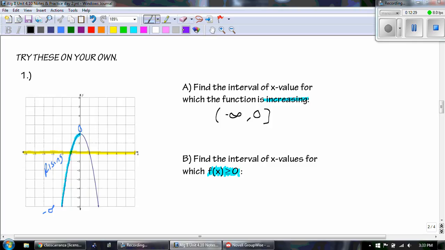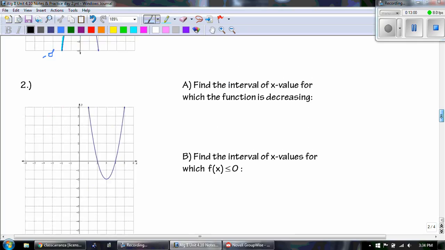Now the next part wants to know, when are we above 0? When are we above that x-axis? And we're above the x-axis this entire time. Okay? From -1 to 1, we are above the x-axis. So from -1 to 1, we are above. So -1 to 1.